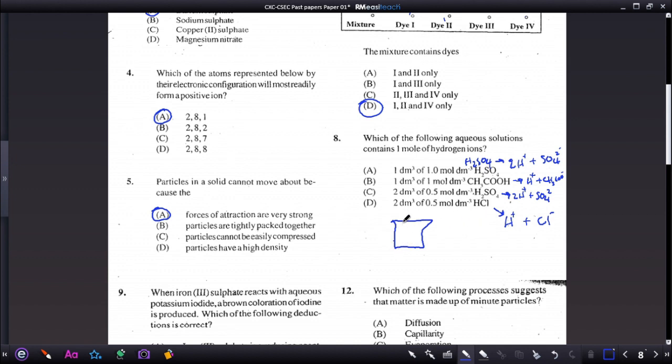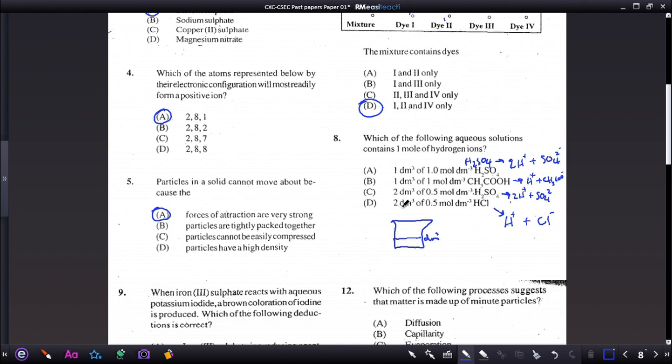So first we add 2 dm cube of water, and then we add 0.5 moles. Now the 0.5 moles will dissociate into H+ and Cl-, and since it's a 1-to-1 mole ratio between HCl and H+, we expect the amount of moles of H+ to also be 0.5, and they're asking for 1 mole, so it's not D.